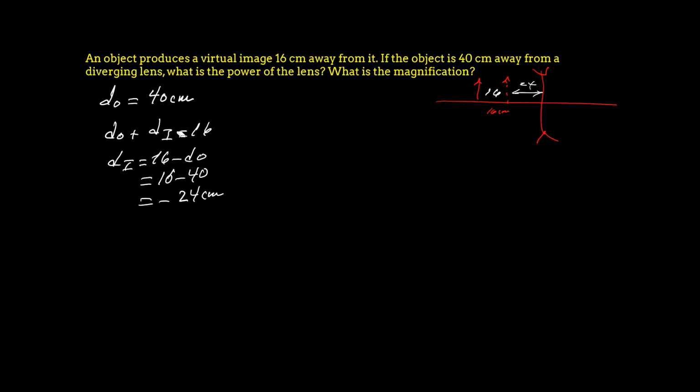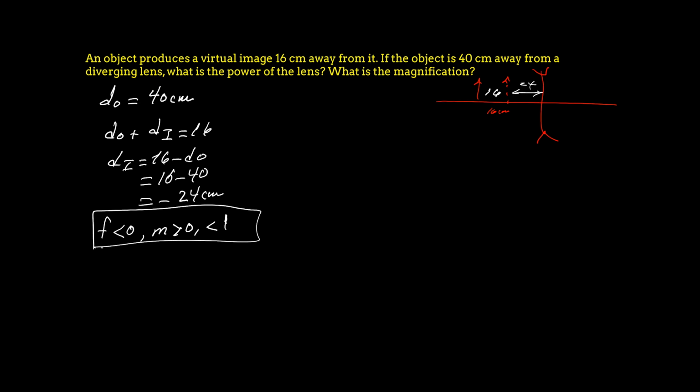Okay. So now that we know that D_I is negative 24 and D_O is 40, we need the power. So we should expect F to be less than 0, and the magnification to be not only positive, but also less than 1. That's what we're looking for. From the focal length, we can get the power.